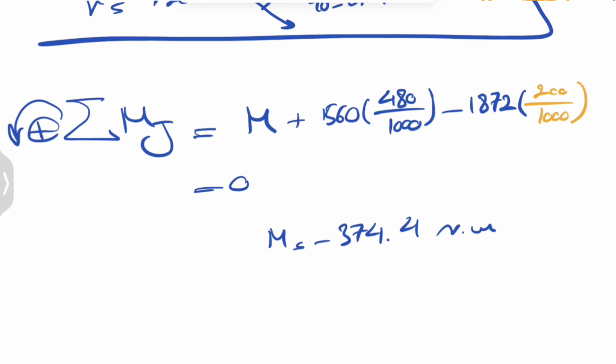So our moment in here would be minus 374.4 newton meters. The negative sign shows that, since we considered counterclockwise positive, we have a clockwise moment.